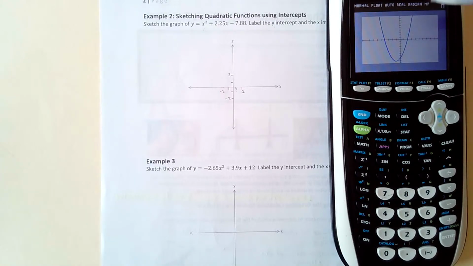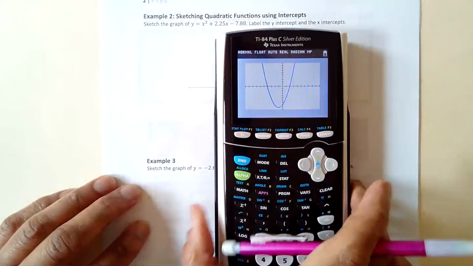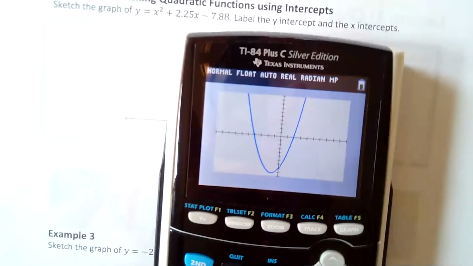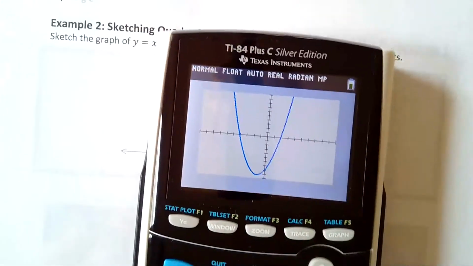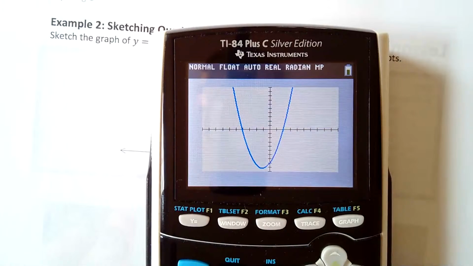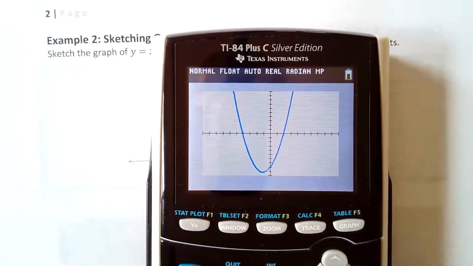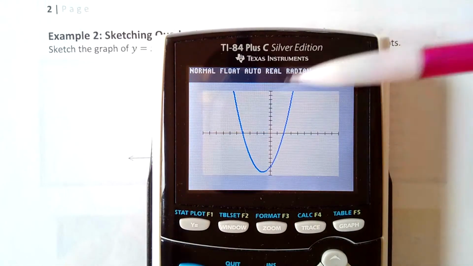So notice your graph, and I'll center it here, so you can do a sketch.